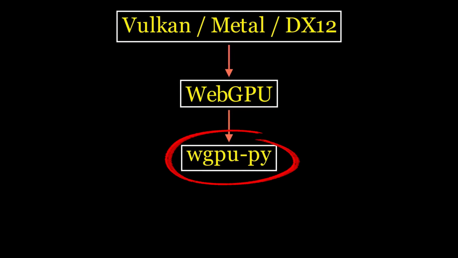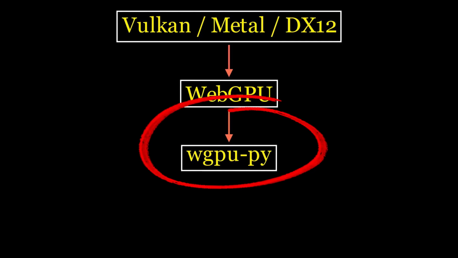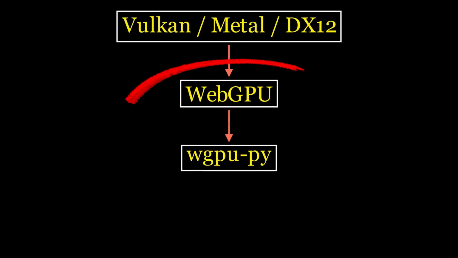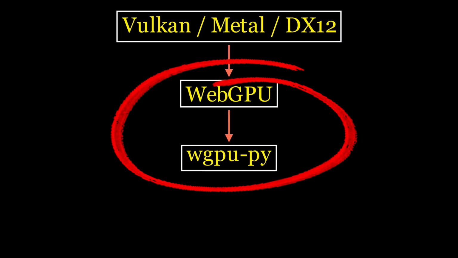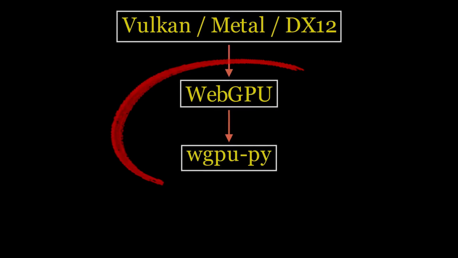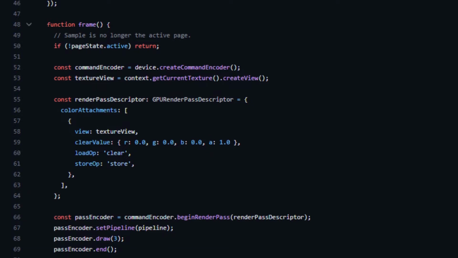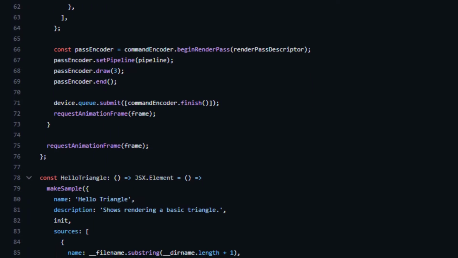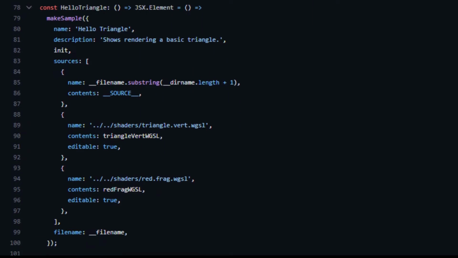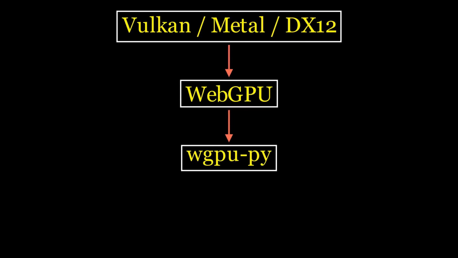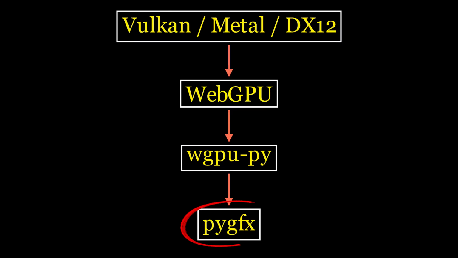WGPU-PY serves as a simple Python implementation for WebGPU. Both WebGPU and WGPU-PY are higher level compared to Vulkan, Metal, and DirectX 12, though still relatively low level. For a triangle example, they require about 100 lines of code. To further simplify coding, a much higher-level render engine named PyGFX is proposed.